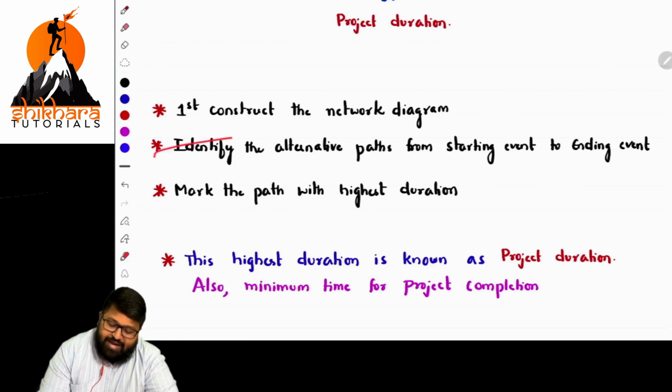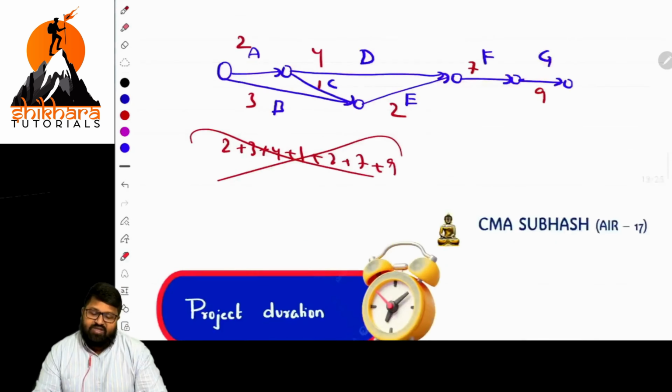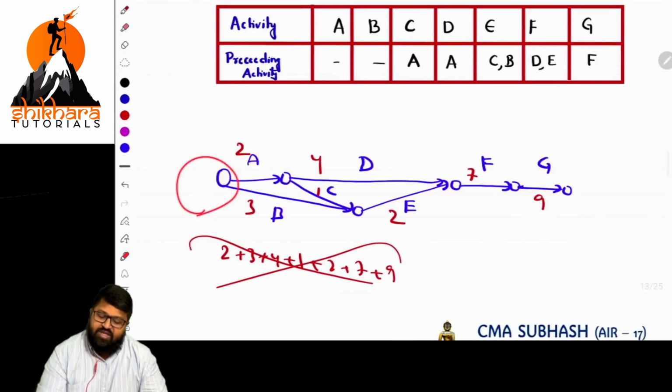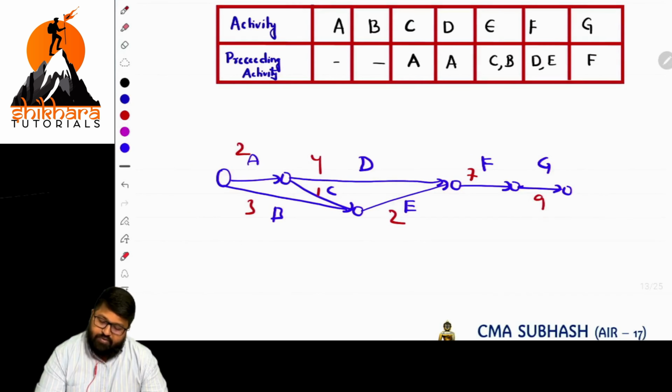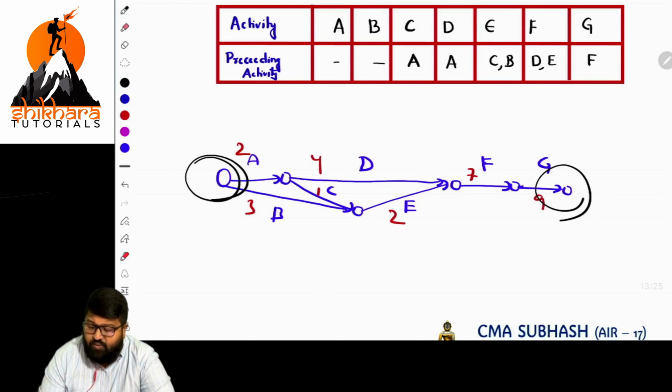Next, identify the alternative paths from the starting event to the ending event. For this diagram, this is the starting event and this is the ending event. What are the alternative paths we are having from starting to ending?